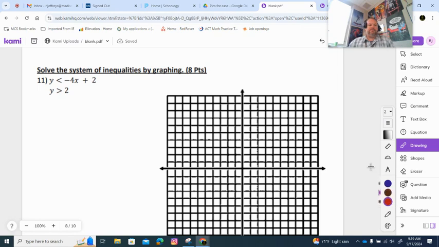Number 11. So this one right here, my B is 2. My M is -4/1. So that's down 4 to the right 1.